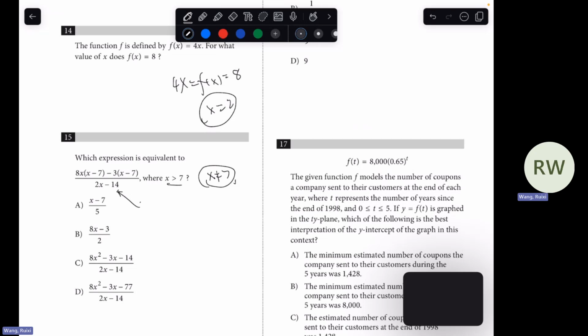If you have x equal to 7, your denominator equals 0, so that's really bad. So you don't want that. And now you can divide both denominator and numerator by x minus 7. You have 8x minus 7 minus 3 over 2, right? So that's the answer, B.